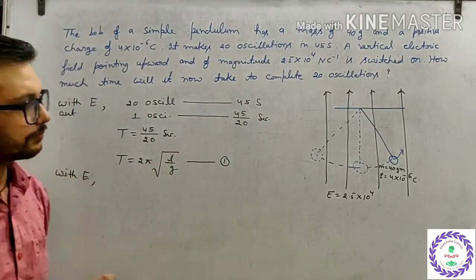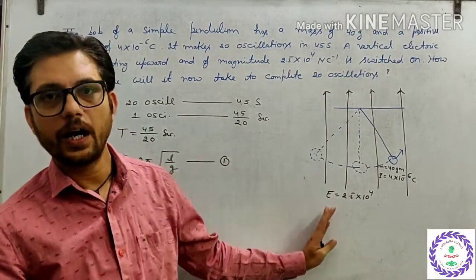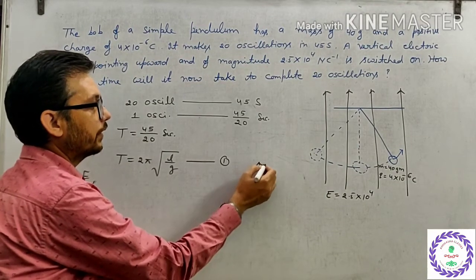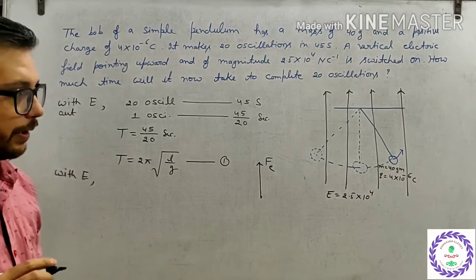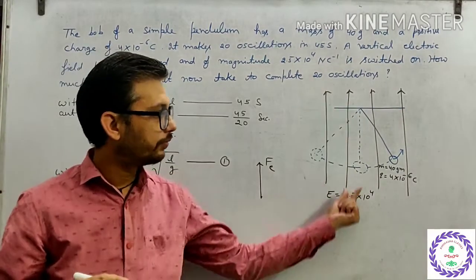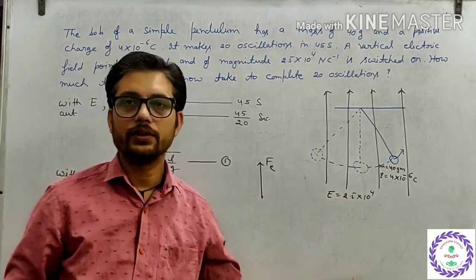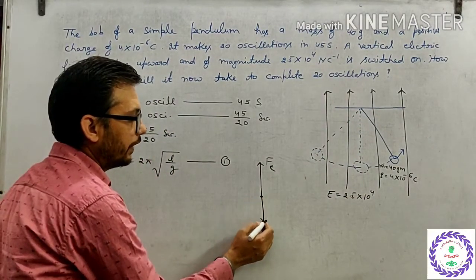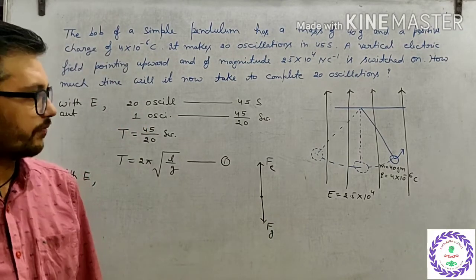Now see, according to the diagram, the electric field is upward, so the force will be upward. This will be the direction of electric force, but the direction of force due to gravity will always be towards the center of earth. So the force of gravity or Fg will be downward.